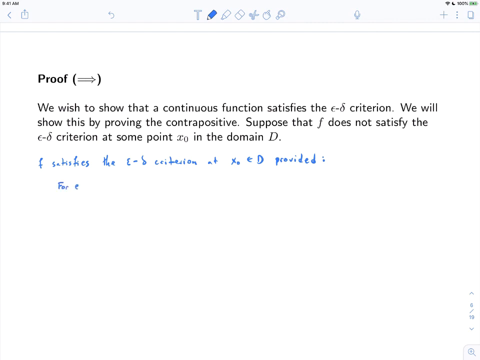For every epsilon greater than 0, there exists some delta greater than 0 such that the distance between the outputs is less than epsilon whenever the distance between the inputs is less than delta. But let's write that in a slightly different way. We're going to write it this way, so that the difference between x and x naught being less than delta implies that the distance between the output values is less than epsilon.